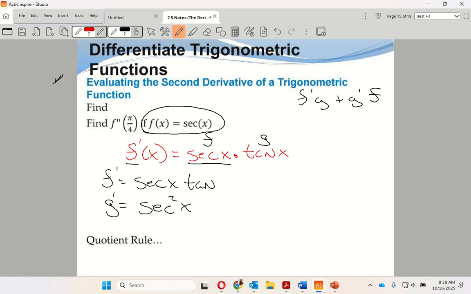So f prime is going to be secant tangent times g, which is tangent, plus, it's tangent x, secant squared, times f, which is secant.